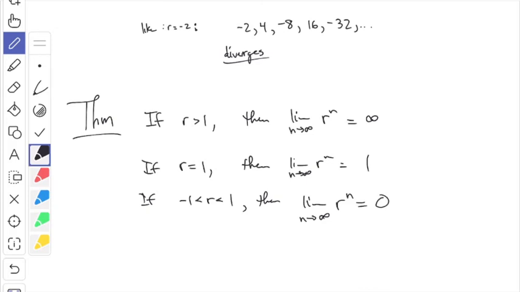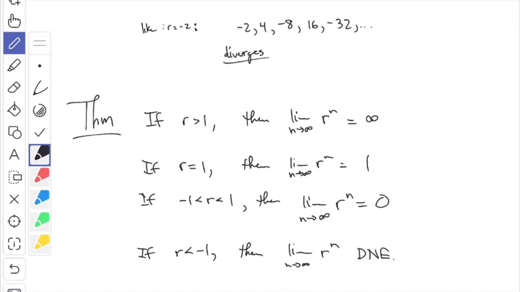We had discussed those in 3 separate categories, but we got the same answer every time. So the limit is 0 in all of those cases. And then the last case is if r is less than -1, then the limit does not exist. It doesn't go to minus infinity, though, because of the flip-flopping in the sign.